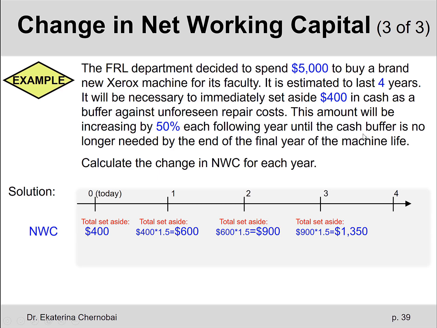So if the cash buffer will be no longer needed, it means all the cash reserve that we would have by that time can go down to zero, $0. And this is exactly what we would need to put for the end of the final year. You can think of it as a rule. The net working capital at the very end of any project will always be equal to $0.